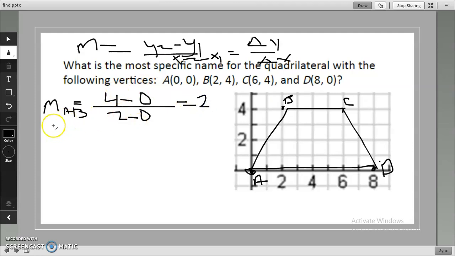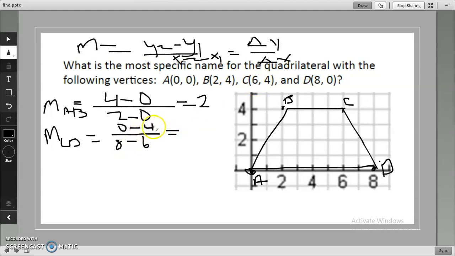Alright, then we'll do the slope of CD, and again we'll say D is our second point just because I named D second, and so D's y2 is 0 minus y1, which is 4, over x2, which is 8, minus x1, which is 6.